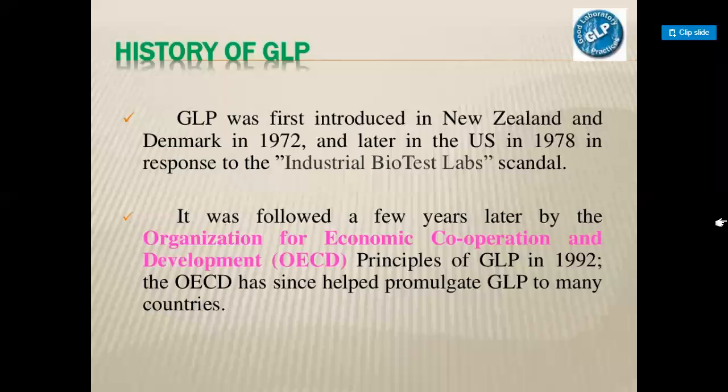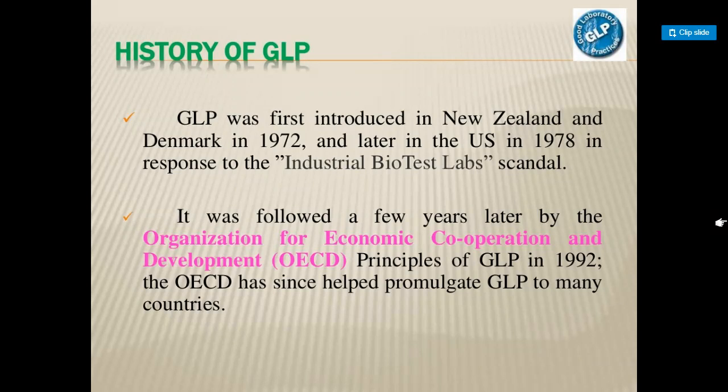So these kinds of things you need to remember. GLP was first introduced in New Zealand and Denmark in 1972, and later in the US in 1978, in response to the Industrial Biotest Labs scandal, right?